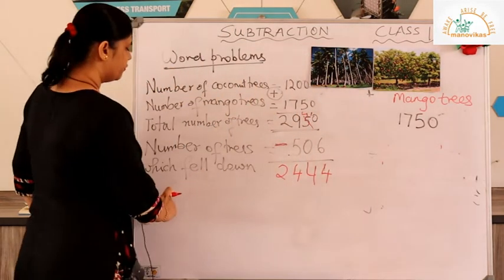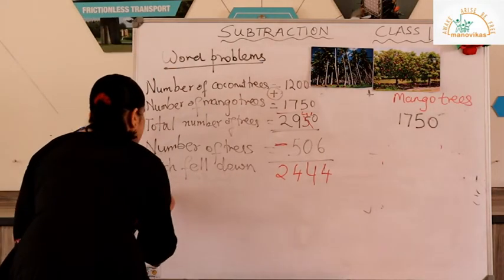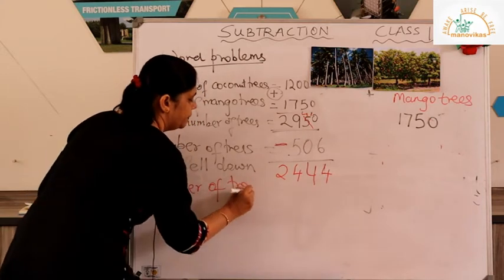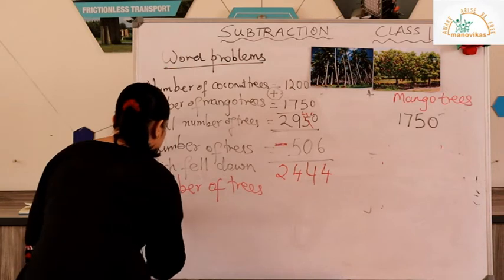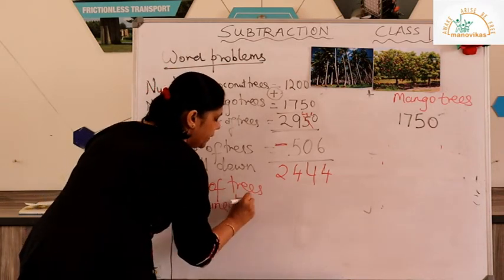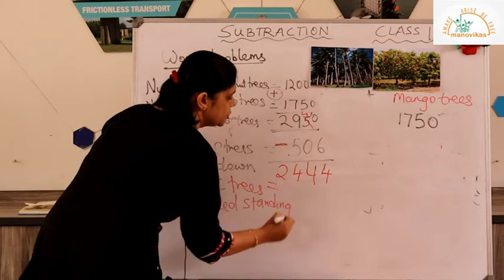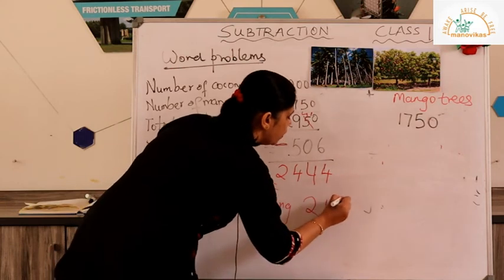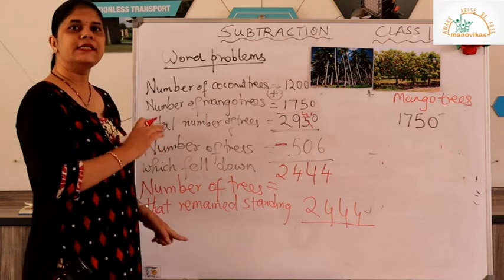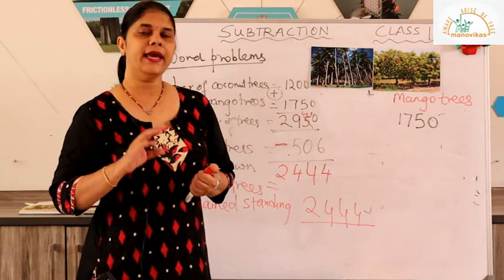So the total number of trees which were left, number of trees that remained standing, will be how much? Equals to 2444. Am I clear? So this is the way you are going to apply subtraction to our day-to-day life.